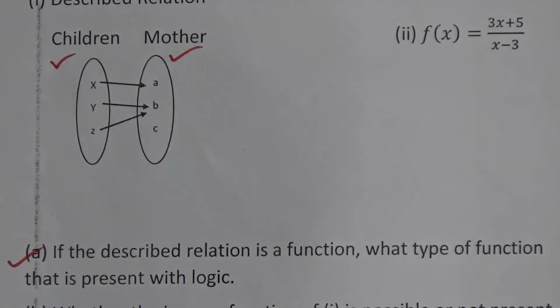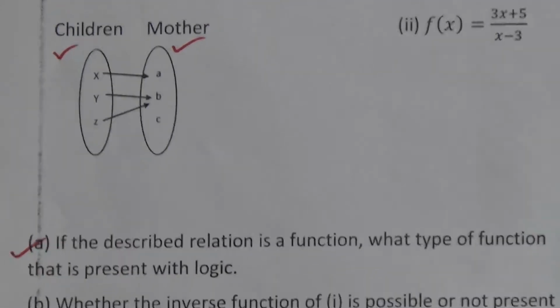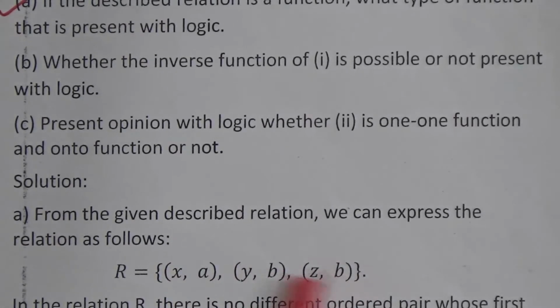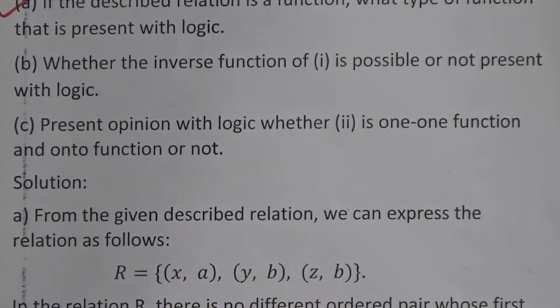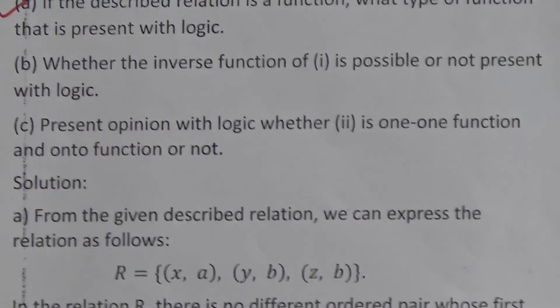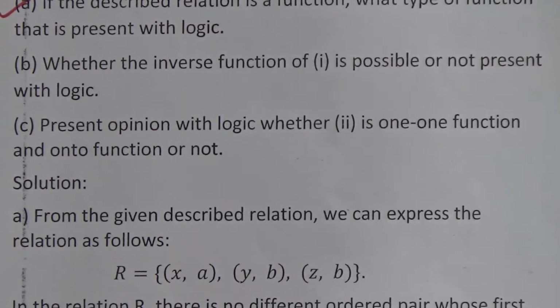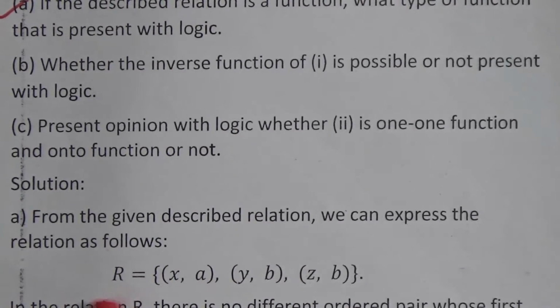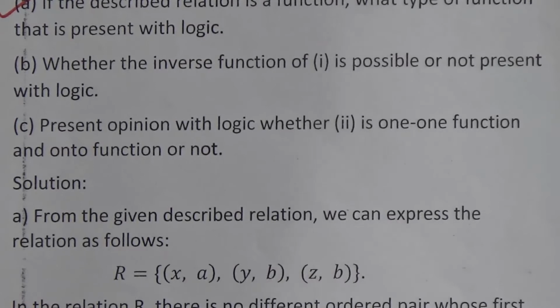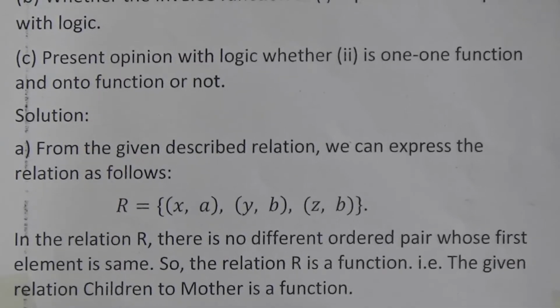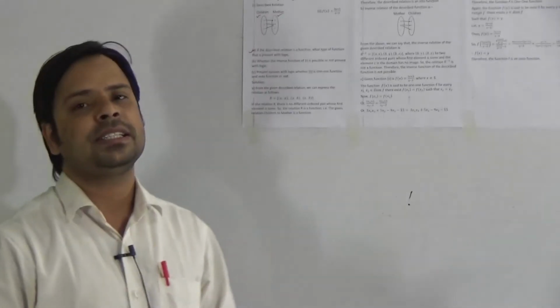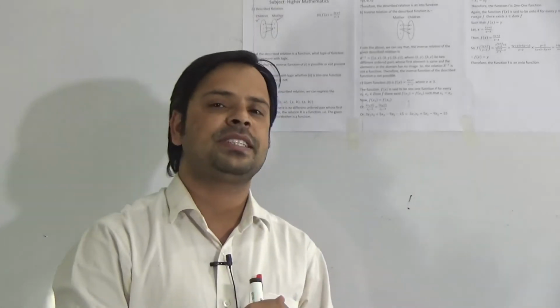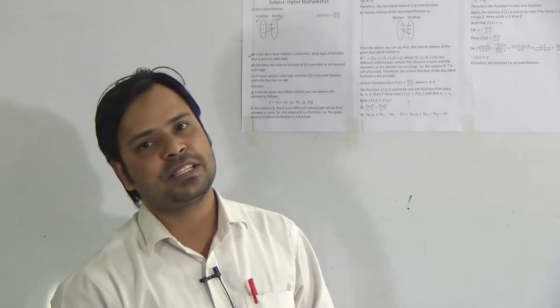Okay, so from this we can see that all the first elements of the ordered pairs, here x, y, z, are different. As all the first elements of the ordered pairs are different, this relation is known as a function. So we can say a relation is said to be a function if we don't get two or more different ordered pairs whose first element is the same.